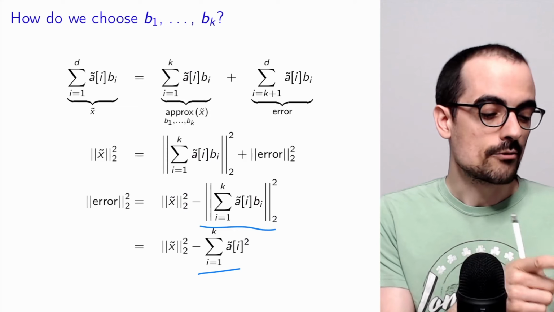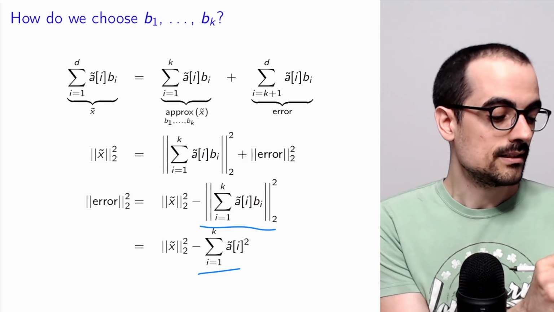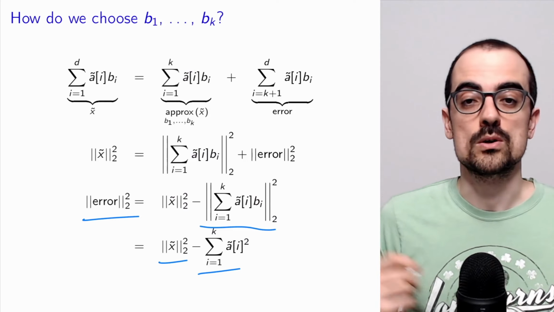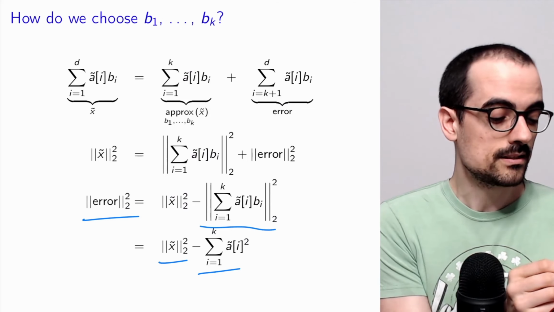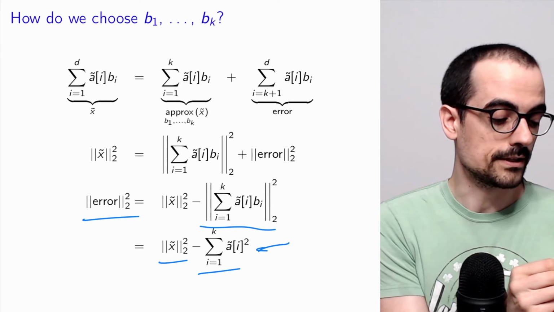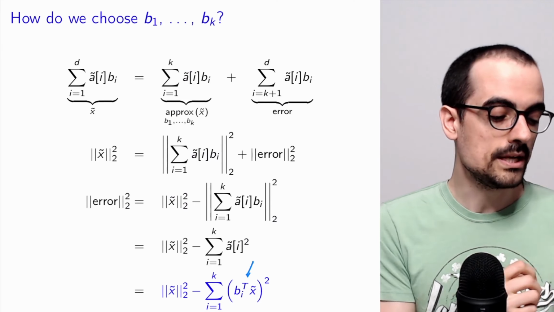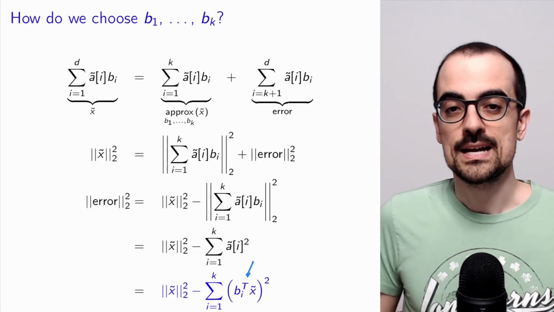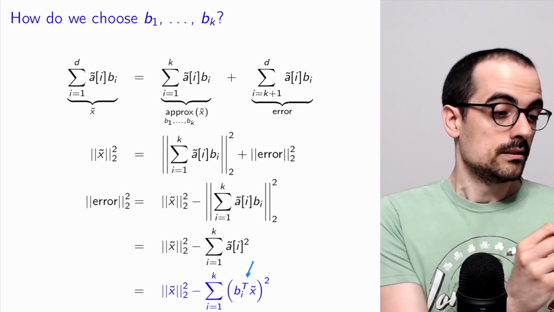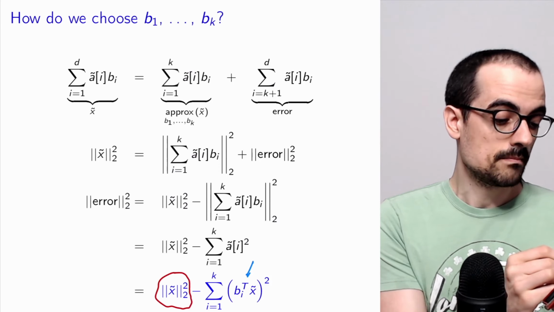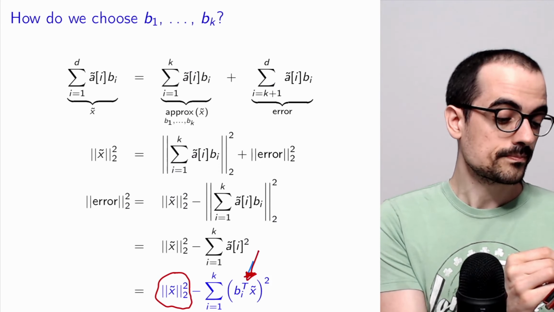All right, so we have arrived at an expression for the squared L2 norm of the error, which is the squared L2 norm of the original random vector minus the sum of squared coefficients. Remember that we can express these coefficients as the inner product between each of the basis vectors and x. This term does not depend on the chosen basis vectors, but this term obviously does.